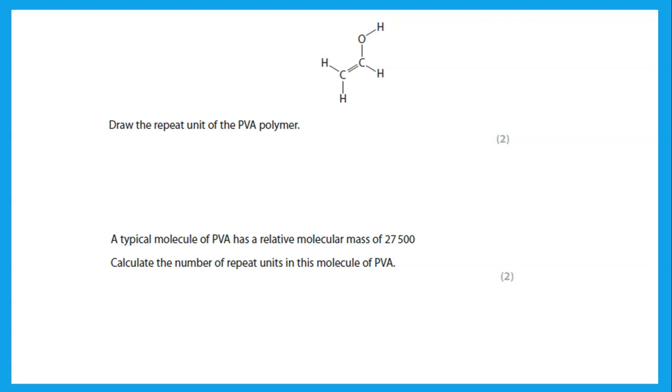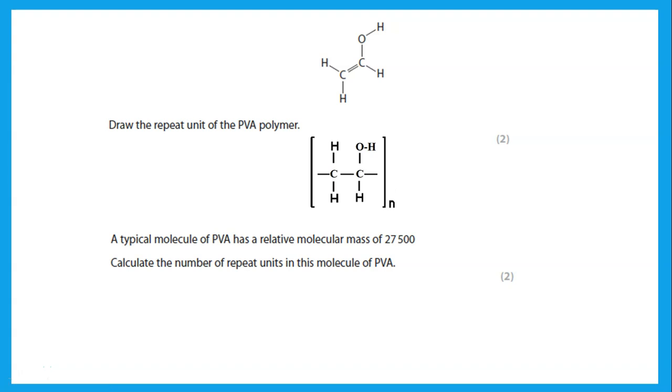Okay, we have this, and it says draw the repeat unit of the polymer. How do we draw the repeat unit of the polymer? This is something that has an alkene, so we open the double bond, make it into a single bond, bond on the right, bond on the left, and close with a bracket and N. Please remember that the monomer up there is called ethenol, so this is actually polyethenol, or PVA.